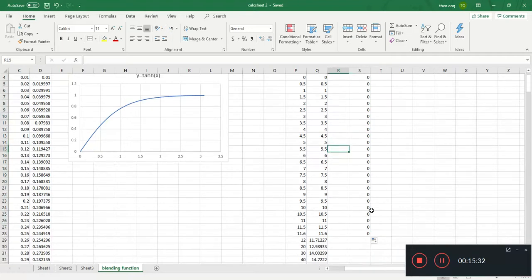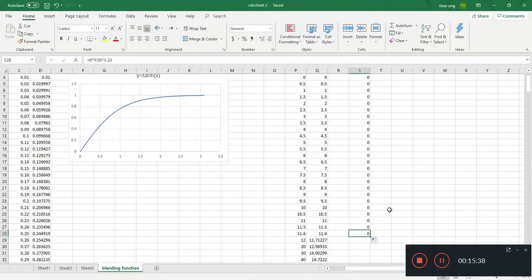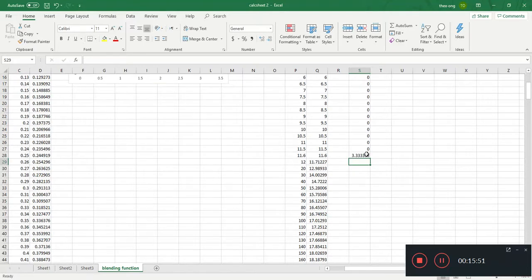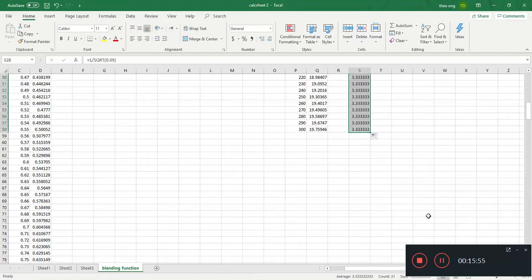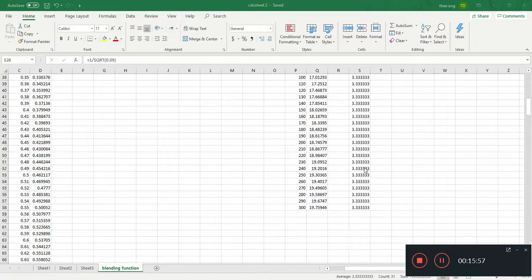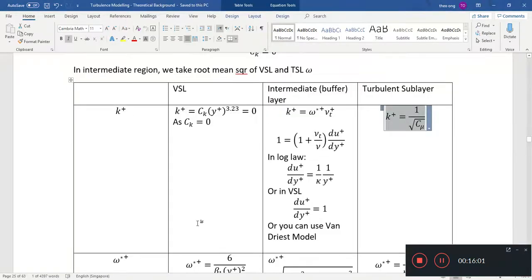And once you're in the turbulent sublayer, this takes over. So K equals 1 divided by square root of 0.09. There's some sudden jump here, but it gives you the rough trend. So this is an approximation, not the real thing, but it gives you the rough trend anyway.